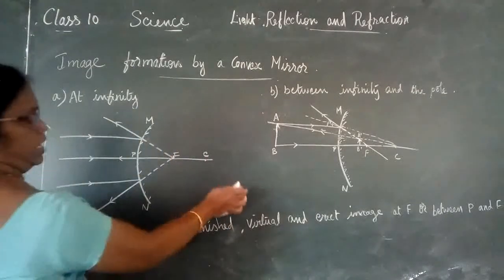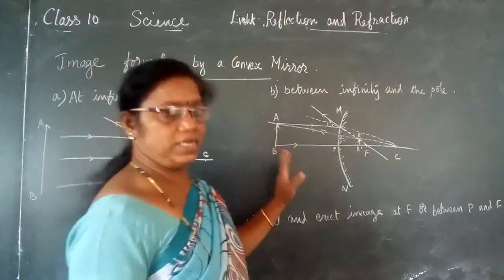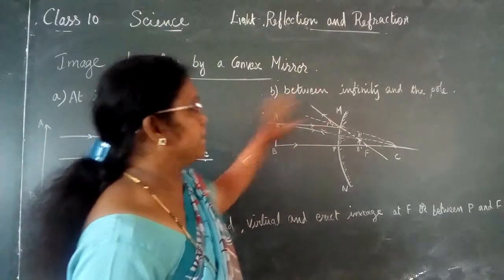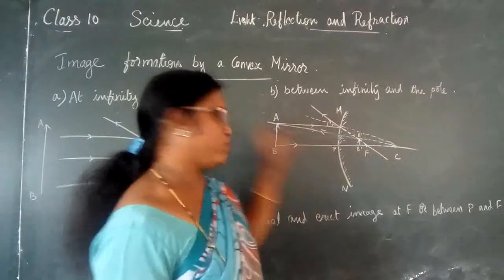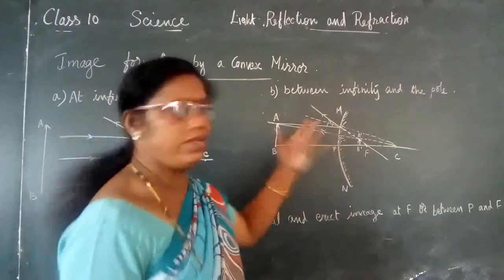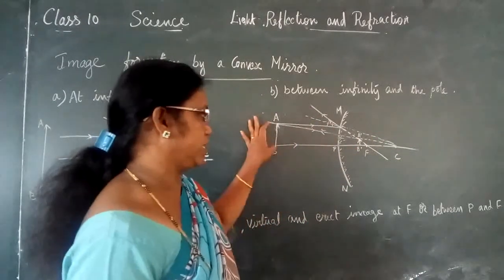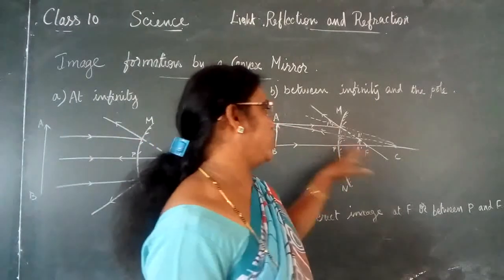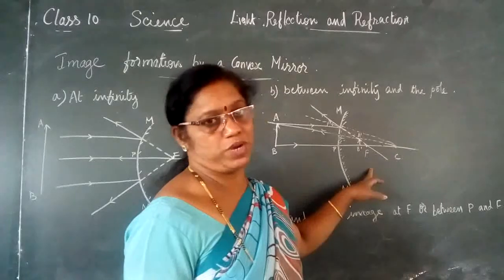And the second case, let us consider the object is placed between infinity and the pole. Between infinity and the pole, anywhere you keep the object, you are going to get the image between the pole and the principal focus.